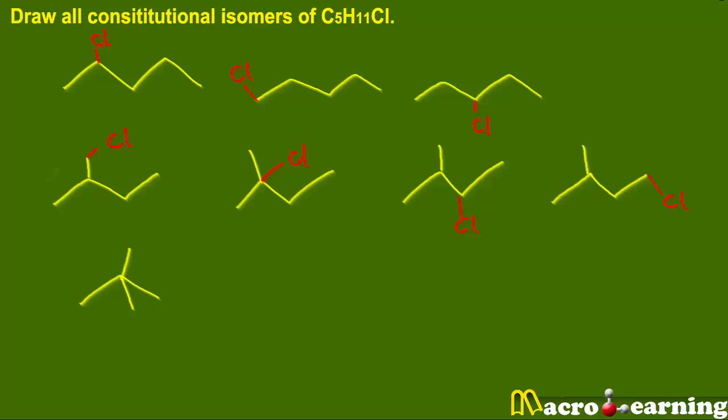And where can we put the chlorine onto this molecule? One possibility there. Any other possibility? Anything else? Well, these three other carbons are equivalent to this one carbon, so they don't count. You can put a chlorine on any one of these, but it's not going to make a new isomer for C5H11Cl. So what about this central carbon? Can we put chlorine on this carbon?